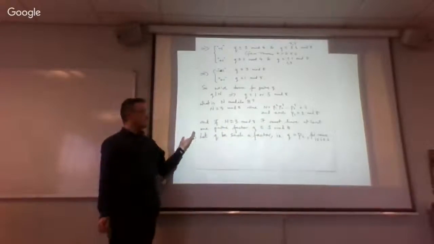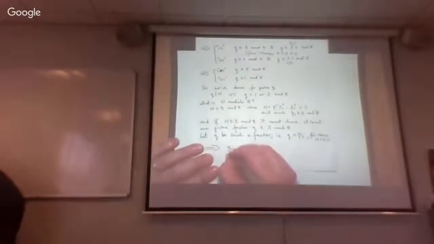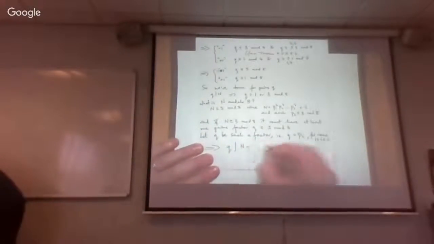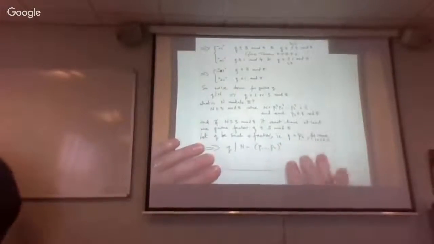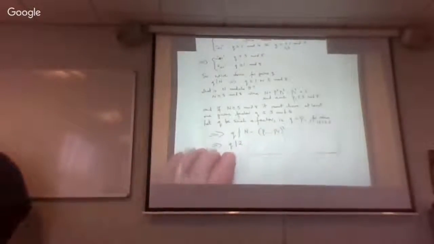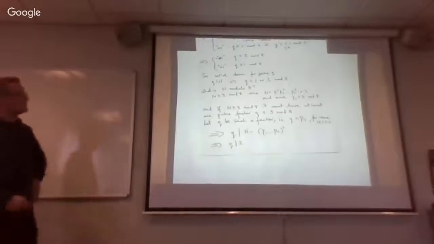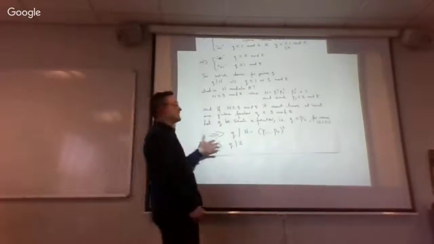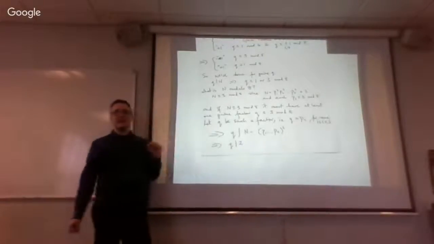But if it also simultaneously divides n, that implies that q divides n minus the square of the product of all of those. In other words, q divides 2. But that is clearly a contradiction.